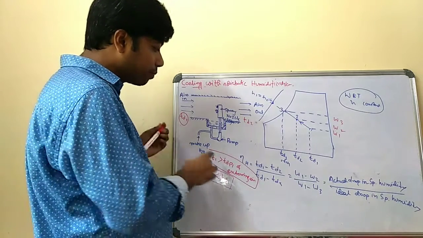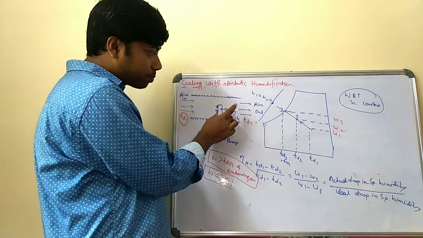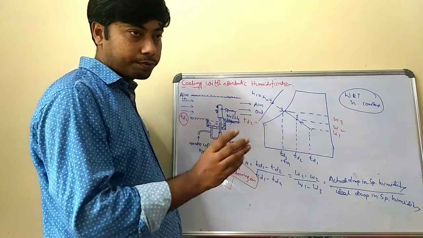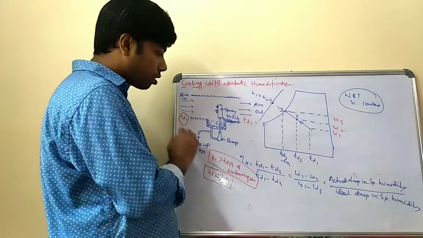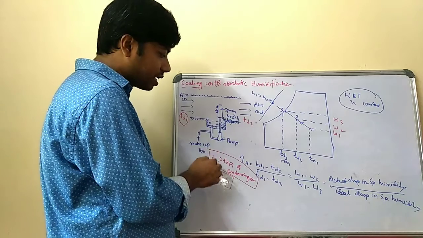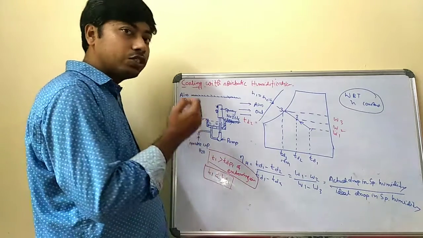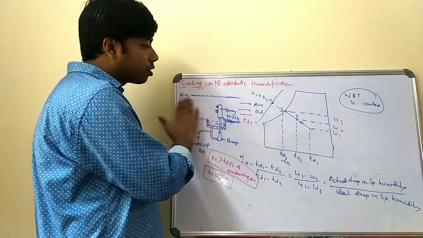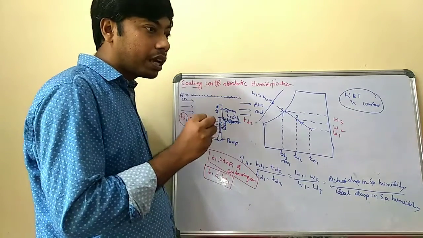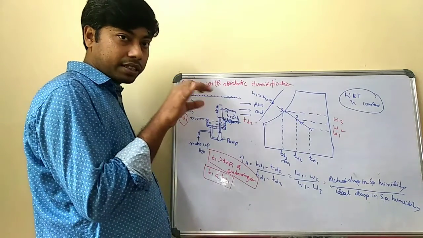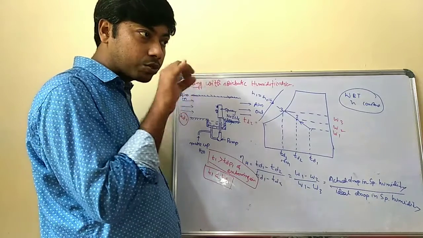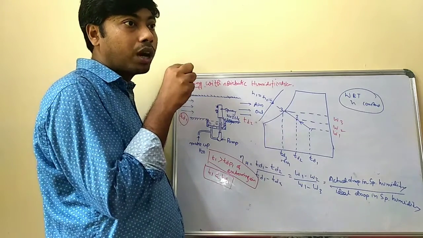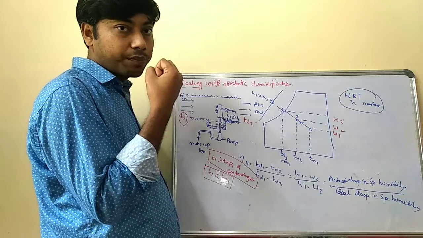The temperature of the spray water should be greater than the dew point temperature of the entering air. When the air passes through the spray nozzle, there is some water there, and the air absorbs some amount of water moisture.